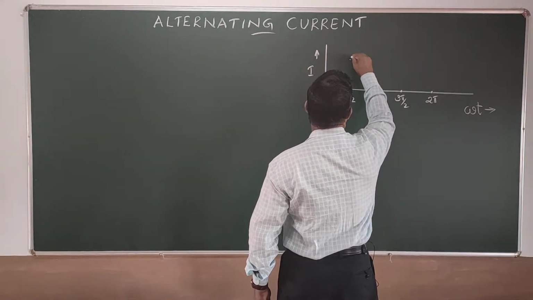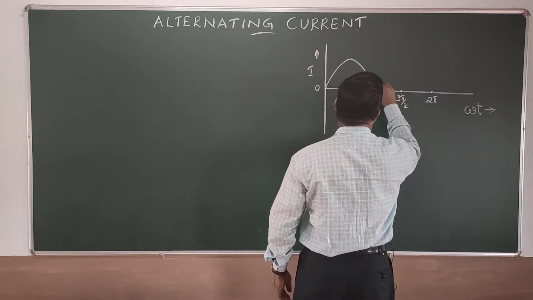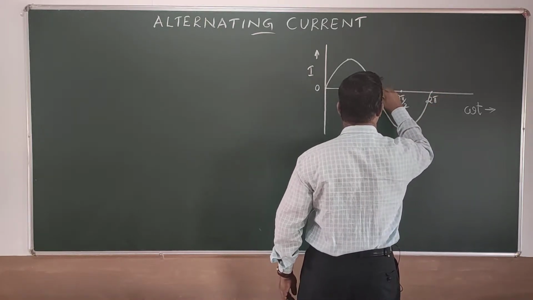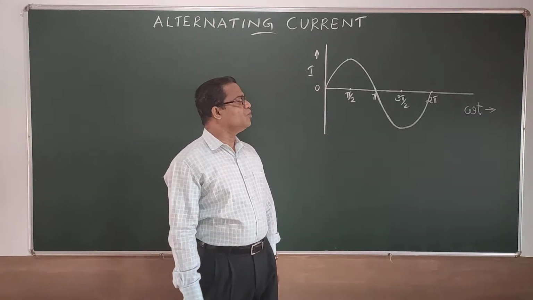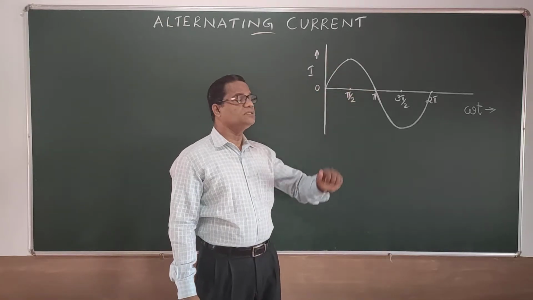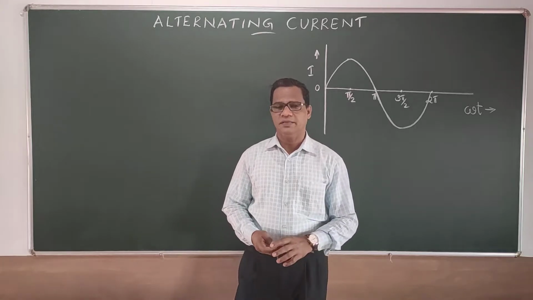Then the current will be varying like this. This is the sine wave form of a current. And if a current is varying like this, then that type of current is called alternating current.